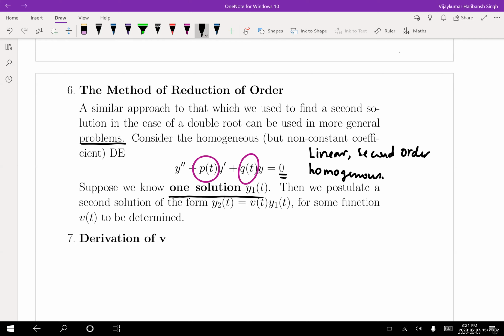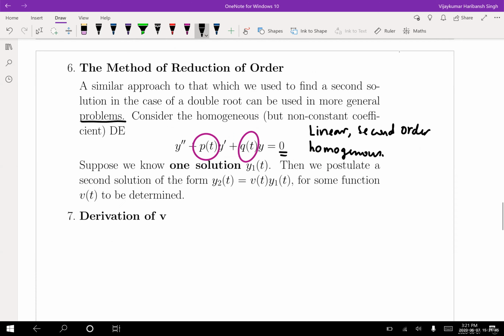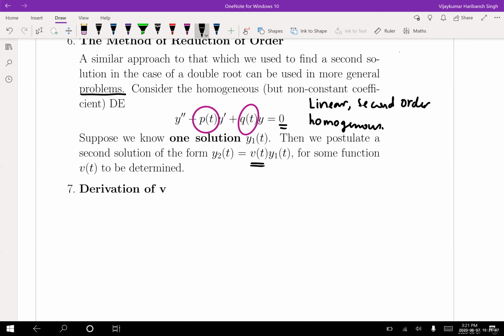We'll do the same thing as we did earlier. We'll postulate the solution is of the form y2(t) = v(t) y1(t), and we are hoping to find v(t), which will be determined.